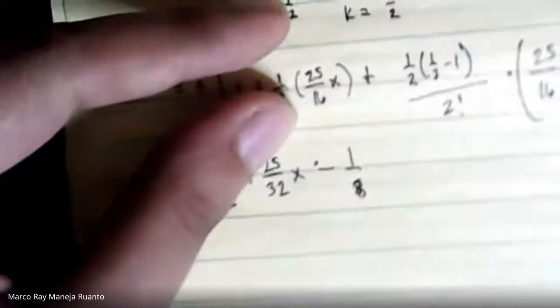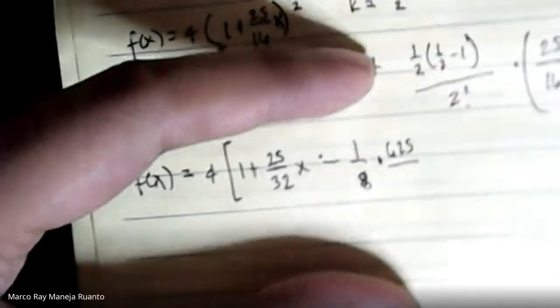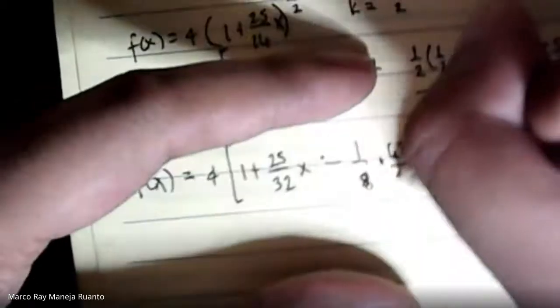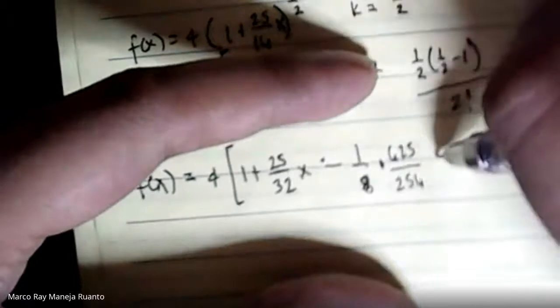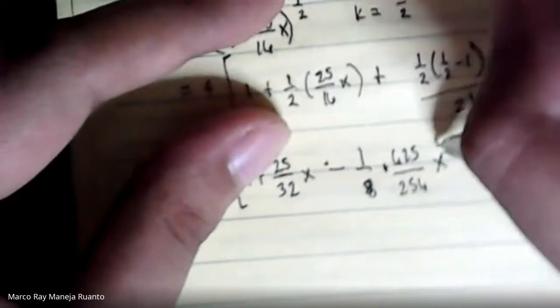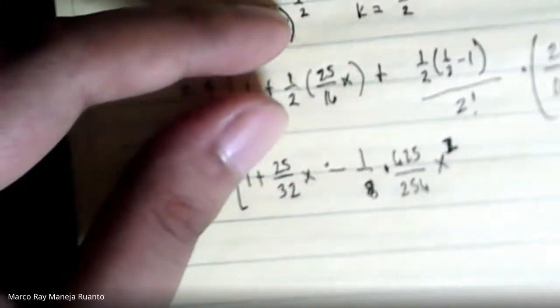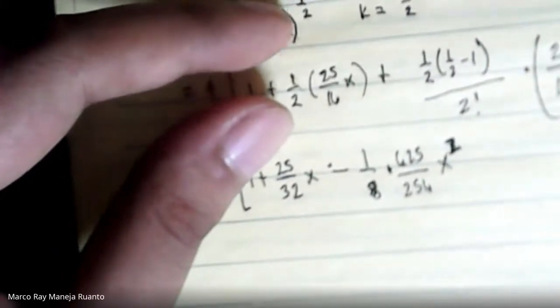So minus 1/8 times 25 over 16 squared, which is 625 over 256 x squared. Then minus 3 halves plus 1/2.